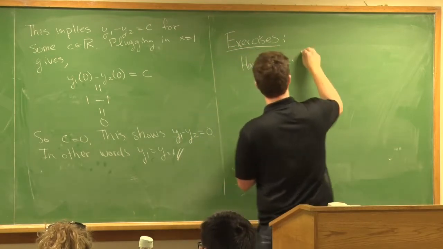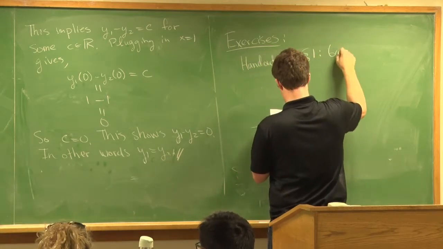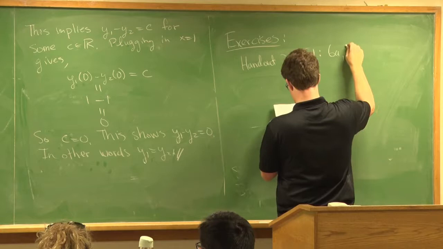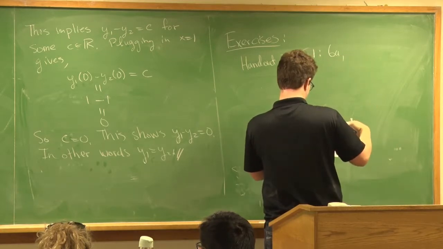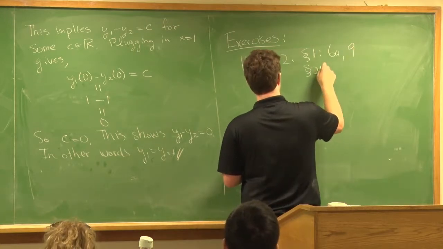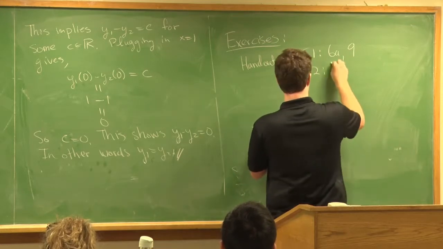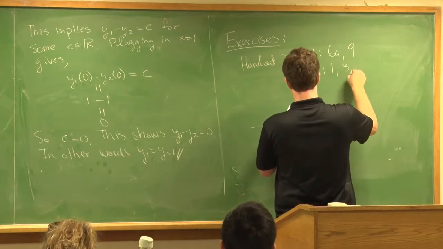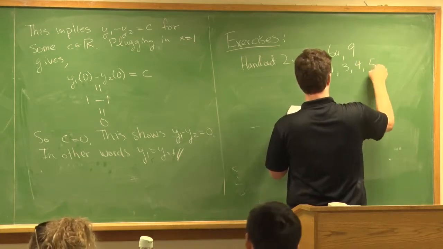Okay, from section 1, you can try 6a or 7. Well, let's see, not 7. Let's not do 7. Let's do 6a or 9. And from section 2, let's do 1, 3, 4, and 5.